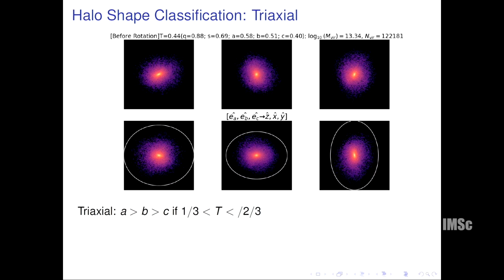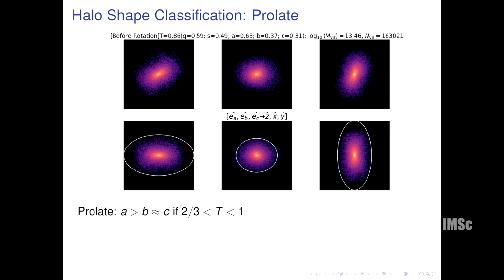Okay. This is triaxial. It looks slightly different. And the three axes are ordered, and the triaxiality parameter is 1/3 to 2/3. And this is the prolate. Prolate is like a cigar, and you'll see this is like the face-on view of that, and this is the edge-on view. So this is another halo, which is a prolate halo.